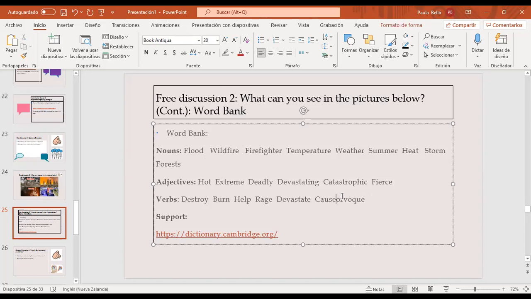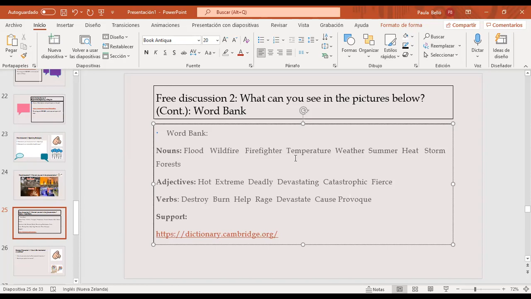Excellent. Oh, sorry, I wrote it wrong. So in Russia, yes, in Russia, the wildfire, we need an adjective, the extreme wildfires provoke death of people. Yes, exactly.